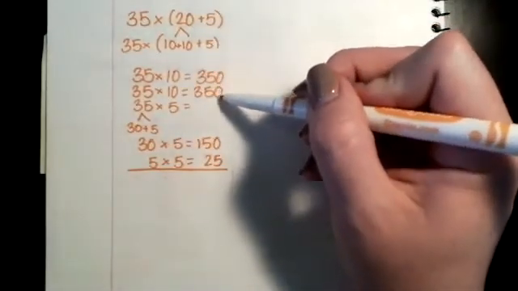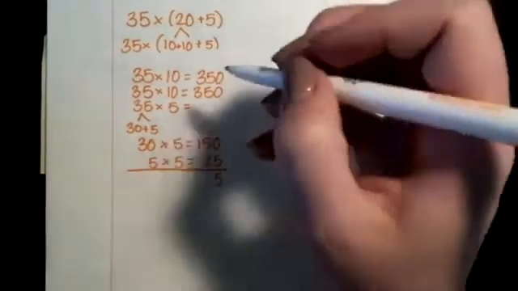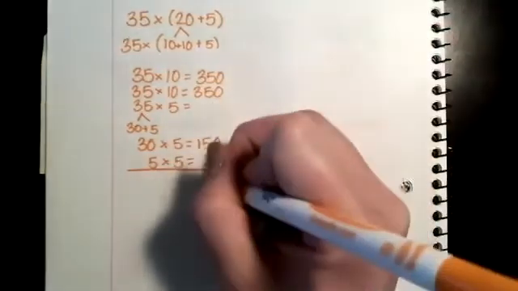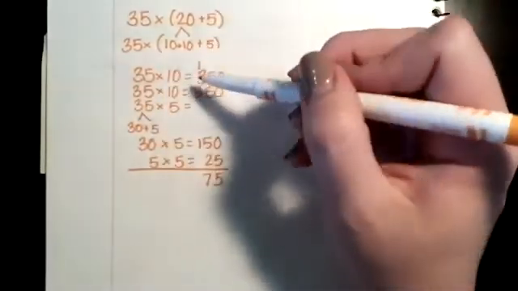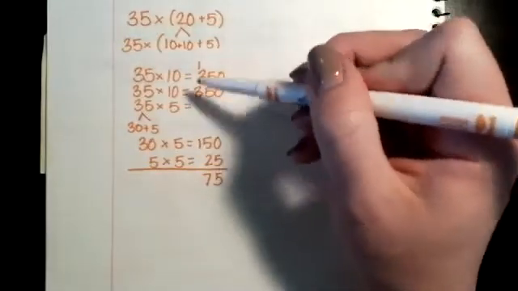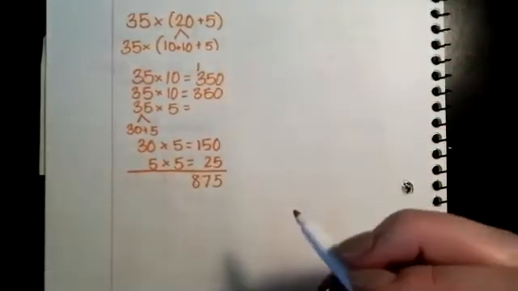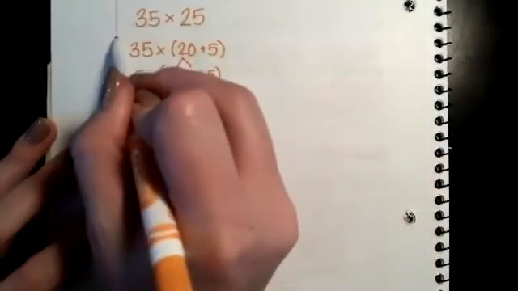In my ones column, 0, 0, 5. Great. Tens column, 5, 10, 15, 17. Carry my 1 over to my next column. 3, 6, 7, 8. All right, so I have 875 there. Now that was my first option.